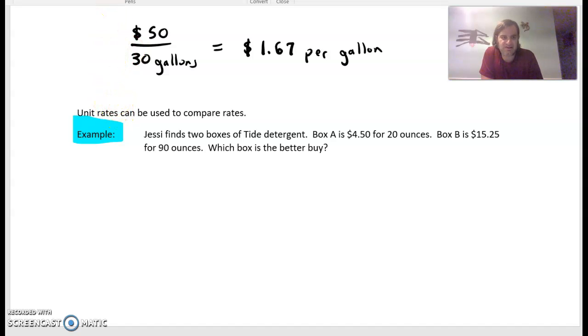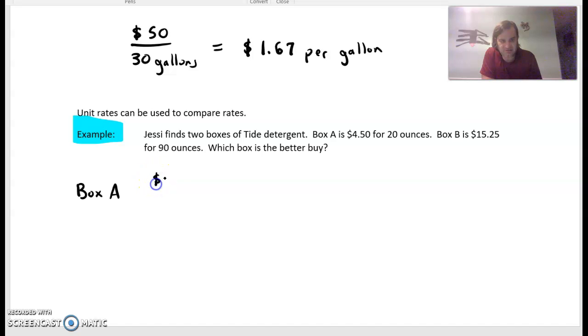Which box is the better buy? There are 2 different sizes, so they have different prices. But the question is, which one is more economical? Take out the fact that maybe you only have so much money to spend, and think about which one is the better buy or gives you the most per unit.